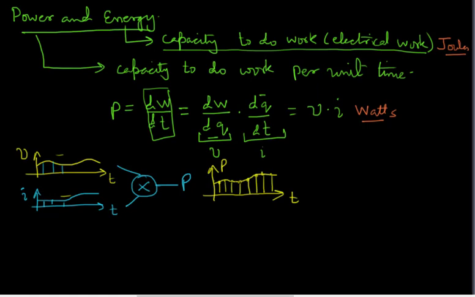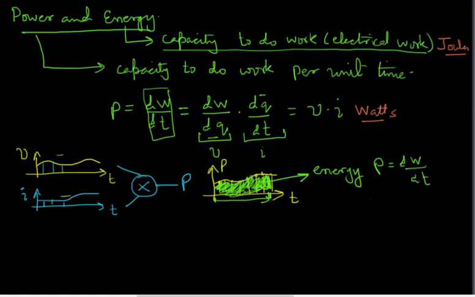is not any single value. It's not this value or this value. Energy is going to be defined for a certain time period, for example, from the starting time to this timestamp. And you're going to integrate this whole graph and find the area under the curve between the two timestamps. This integration is going to give you energy. This is also true from the definition P equals dW over dt.